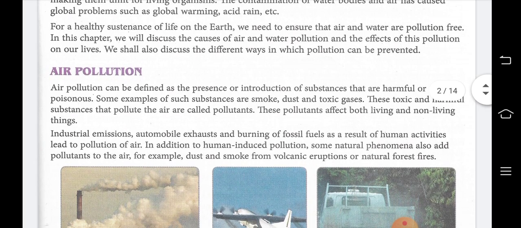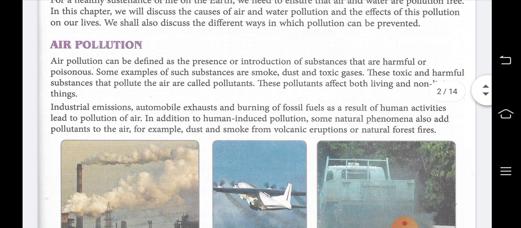And hence in this chapter we will discuss the causes of air and water pollution, the effects of this pollution, and also what the remedies are, how it can be prevented.